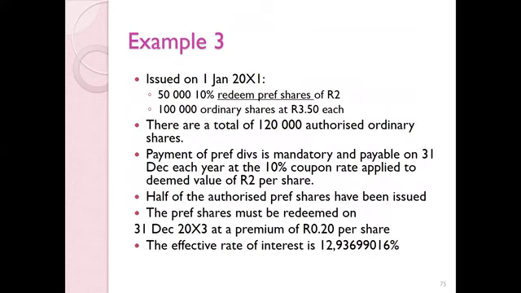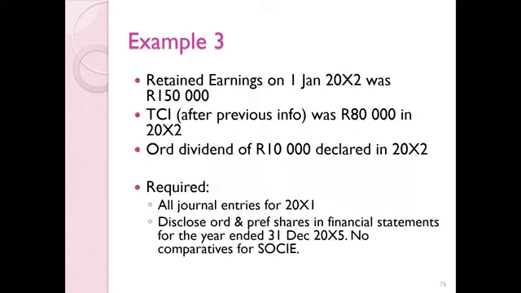And if we look at the information in the question, they said that these 50,000 shares are going to be redeemed at a premium of 20 cents per share. So that means that we issued these shares at R2 each, but we're going to pay back R2.20 each. So R2.20 times by 50,000 shares means that on the 31st of December 20X3, we expect to be paying back 110,000 Rand.